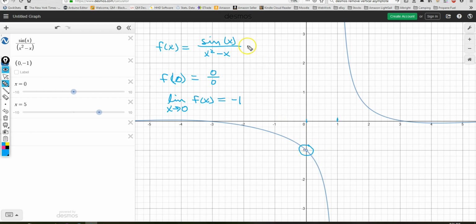So really, we could redefine this function at 0 and say, let f of x equal the original expression for x not equal to 0, and negative 1 if x is equal to 0, and then this function will fill in that little open circle and become continuous. But this function as it stands is not continuous at x equaling 0, but it does have a removable discontinuity.